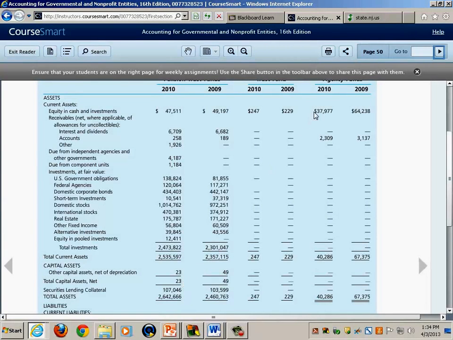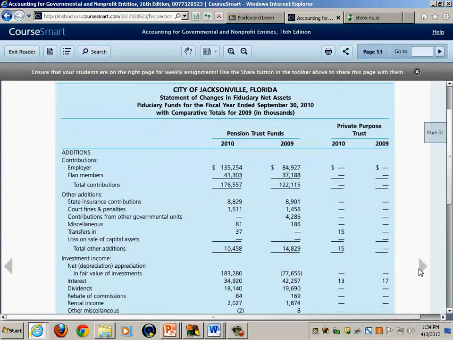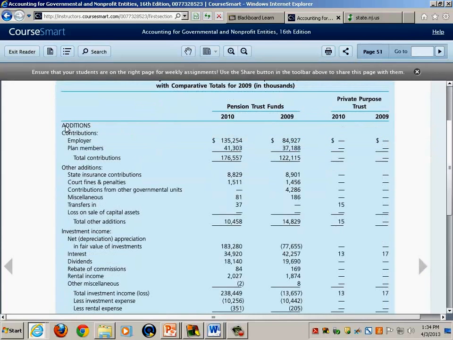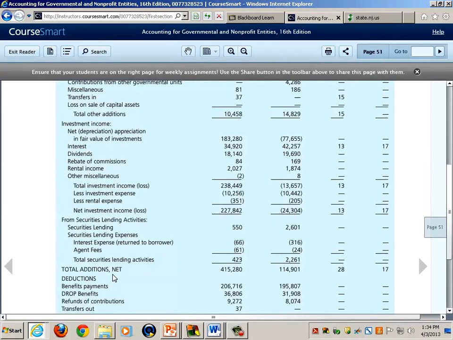All right, let's take a look at the next page, which is the changes in fiduciary net assets or position. This is on page 51. What do you see? Additions, not revenues, but what? Additions. And what do you see here?